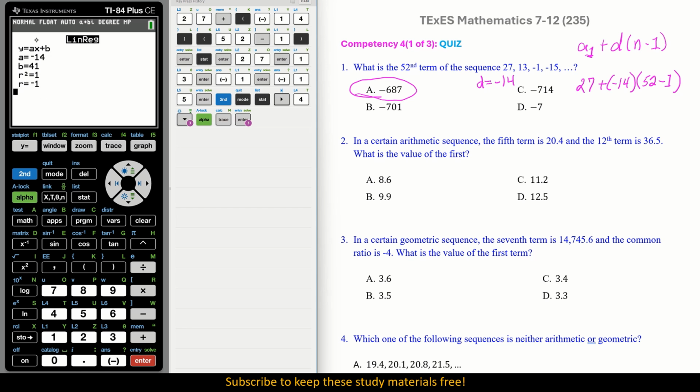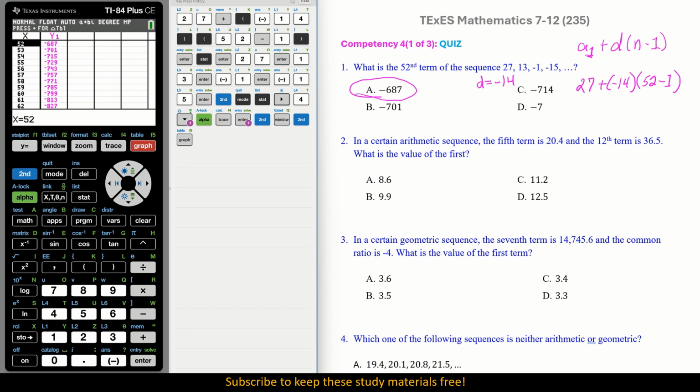Once you see where it builds our linear regression, you can build it off that, which is different, but you do see that we have our common difference as our A. Anyway, not a big deal. We want the 52nd term, so you go alpha window. It's already on 52, second graph, and there's our answer.